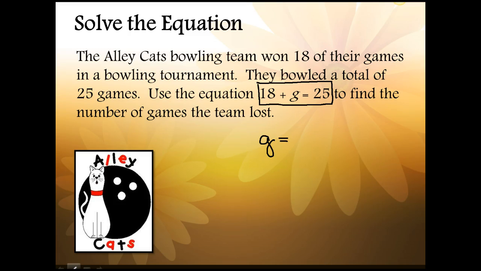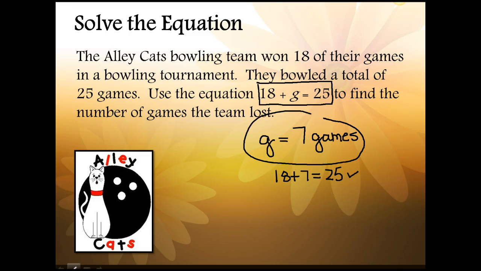And no matter how we look at it, we will arrive at the solution that the number of games lost equals 7. Of course, you'll want to go back and check your answer, and make sure that 18 plus 7 equals 25, and it does, so we know our solution is correct.